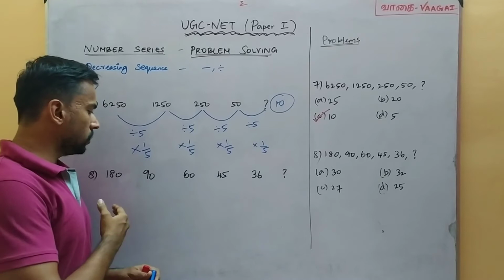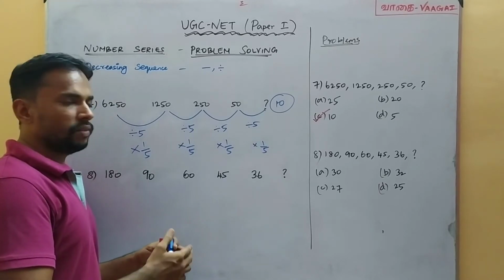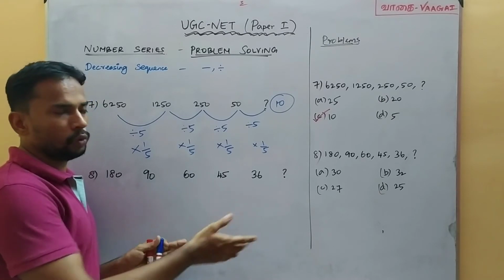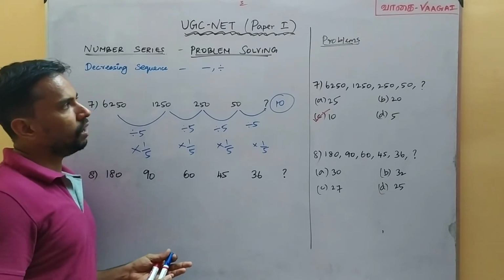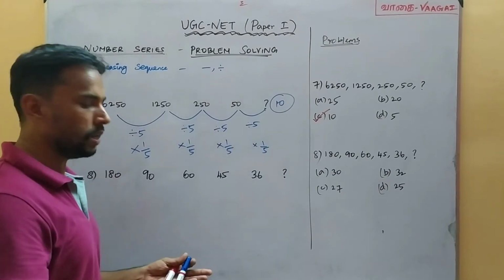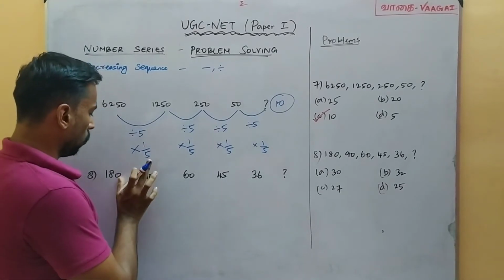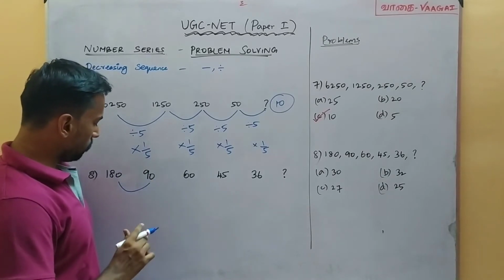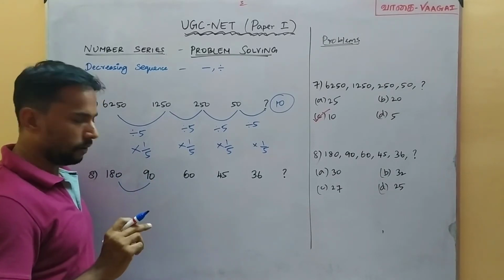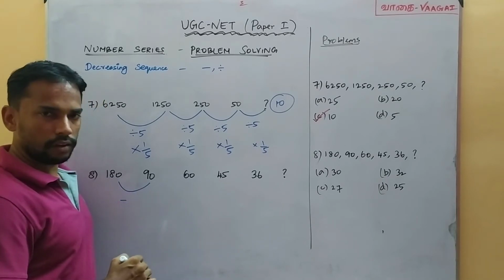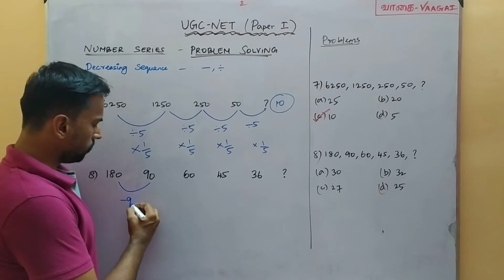If we see the numbers, they don't decrease drastically, the decrease is happening in a very smooth way. So let us give our first preference to subtraction and see whether we can form any pattern here. 180 is our first term, to 90. 180 minus what number will give us 90? It is going to be 90.